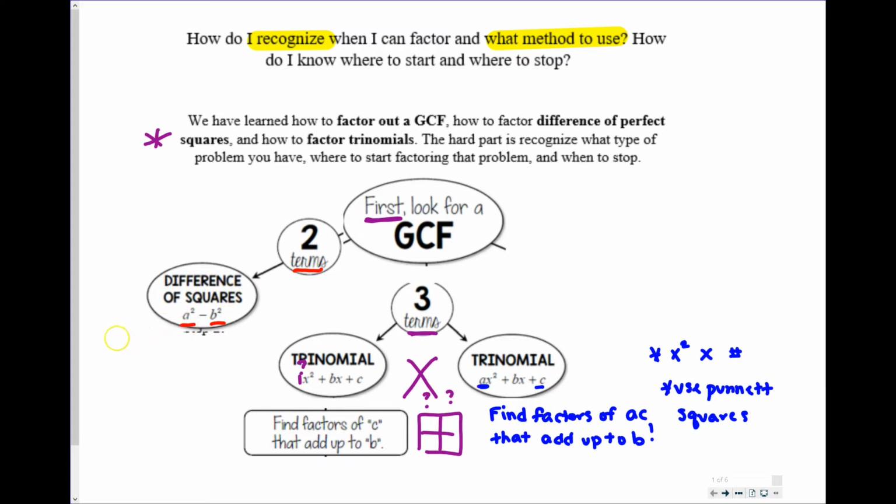But remember, we have to recognize those special numbers, right? 1, 4, 9, 16, 25, 36, 49, etc., right? And when we do that, we have to remember how we solve that type of problem, and we're going to review that going forward.